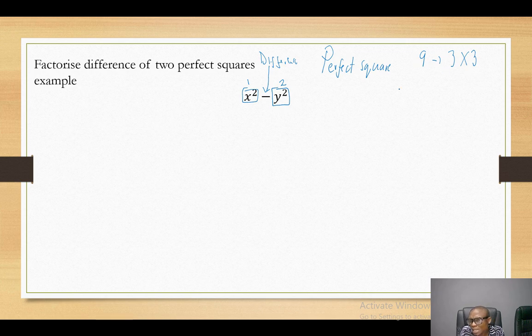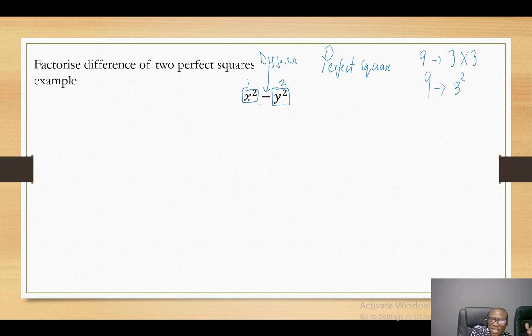That number is 3. If you take 3 and multiply it by itself, you get 9, which can also be written as 3 squared. So 9 is a perfect square. Remember, 3 squared is 9.